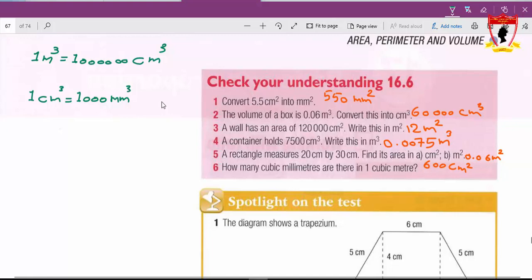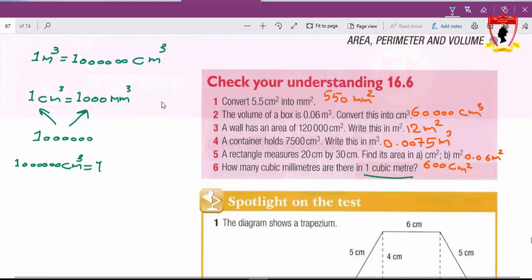Now we want to have 1 million centimeter cube, so we must multiply both by 1 million. If we multiply 1 centimeter cube by 1 million, it will be 1 million centimeter cube on the side. 1 million centimeter cube, which is the same as 1 meter cube, just like the question says, is equal to 1000 times 1 million.